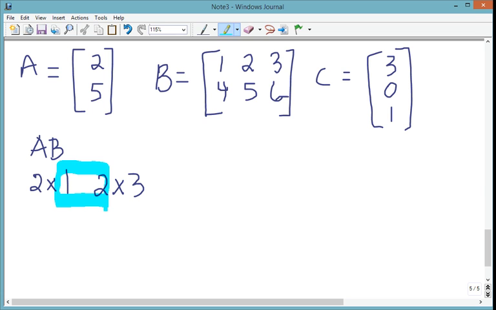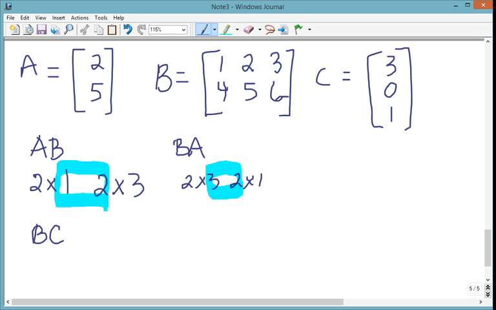Okay? Could I do B times A? Well, B is 2 by 3 and A is 2 by 1. I still can't do them, right? So I can't multiply A and B together at all. How about B times C?